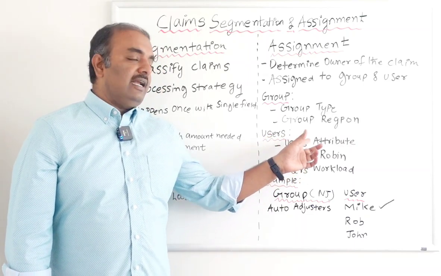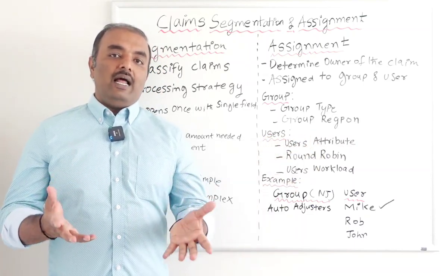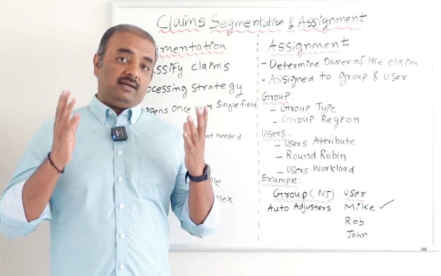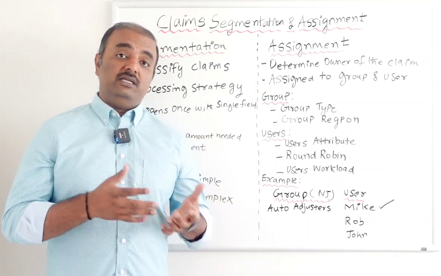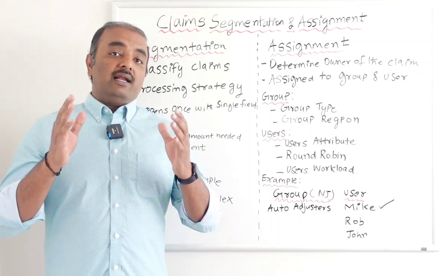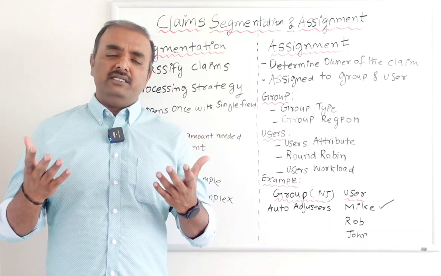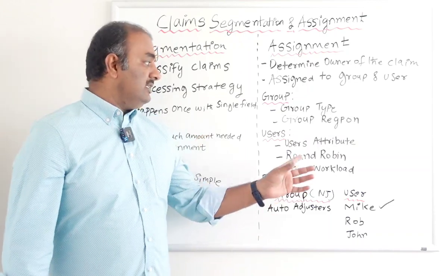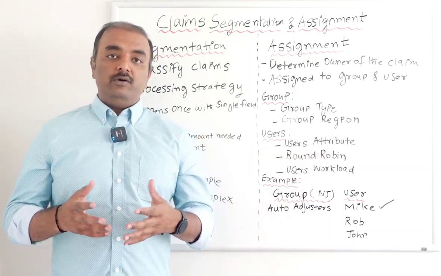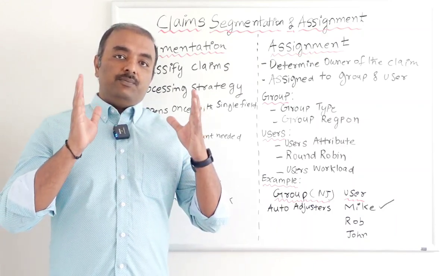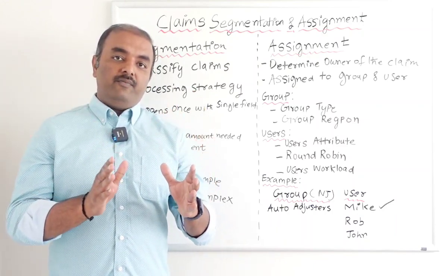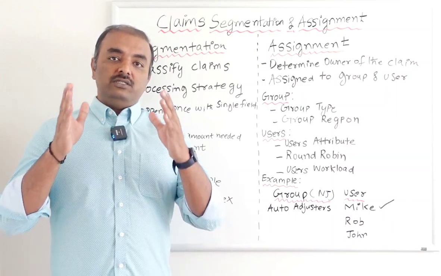First thing is user attribute. Sometimes, based on the claimant's request or the insurance decision, any claim for a particular policy should be assigned to the same user because of his expertise or various criteria. In that case, you use an attribute. You will say that if this is a claim for that policy number, always assign to this user.